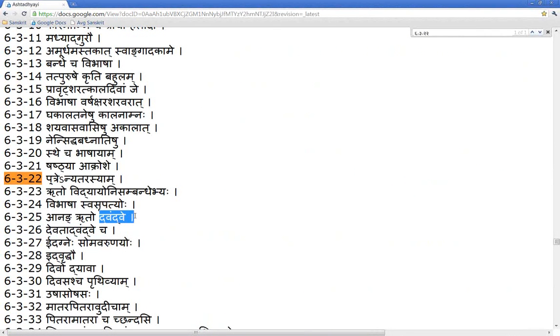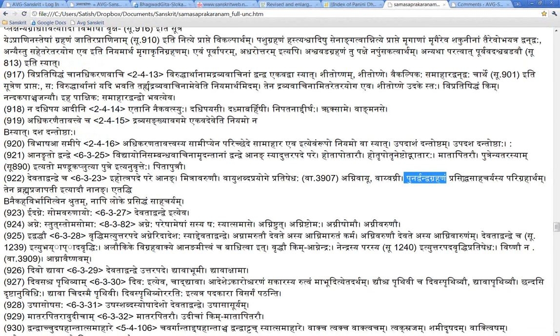Dvandve is already there. Then why does Panini mention Dvandve again? Punar Dvandva Grahanam is Prasiddha Sahacharyasya Parigrahartham, in order to accept only those terms, those devatas which are well known to go together. So this is what Bhattoji says.